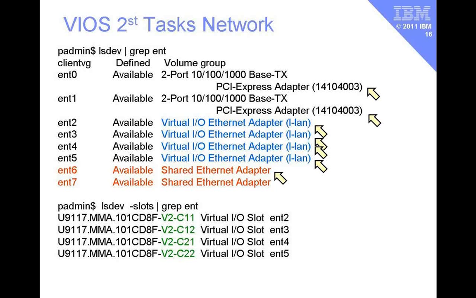And after I've set up my shared Ethernet adapters, these two will appear, and they get another ENT Ethernet block. And so these ones are actually used to put host names on. And if we use the lsdev -slots command, we can actually see these ENT2 to 5.